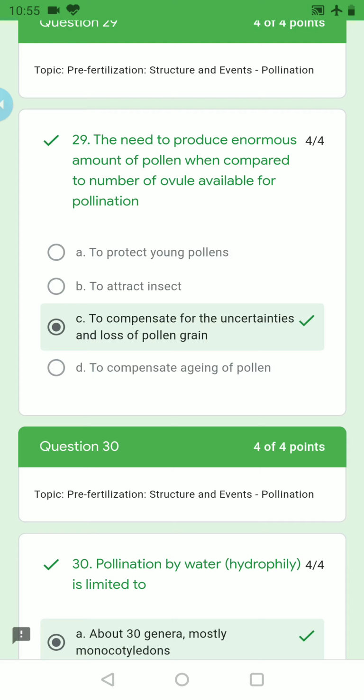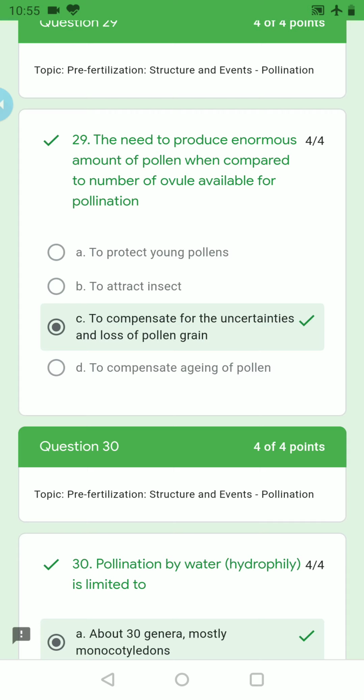Which is the right option? Option C. How? Consider if the plant produces only a few pollen grains and fails to achieve successful pollination, what may happen?